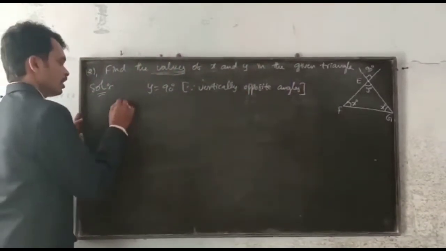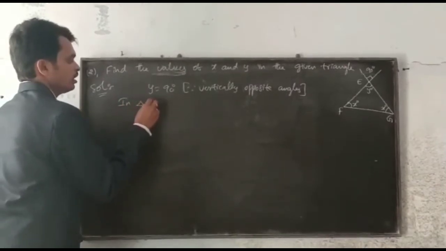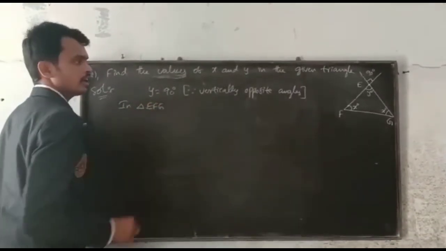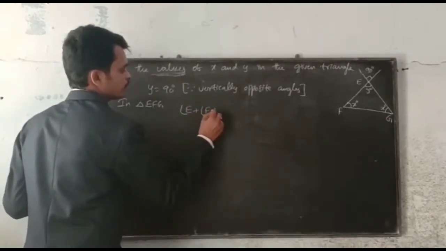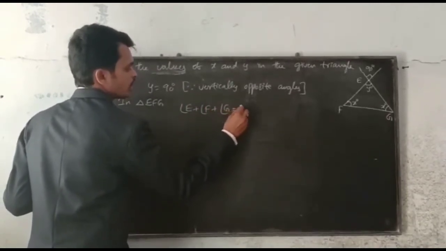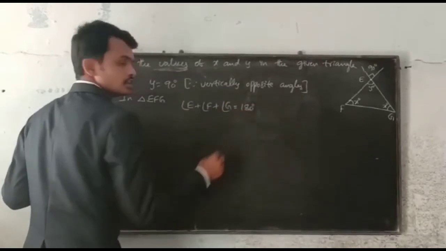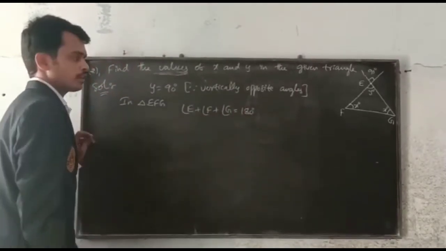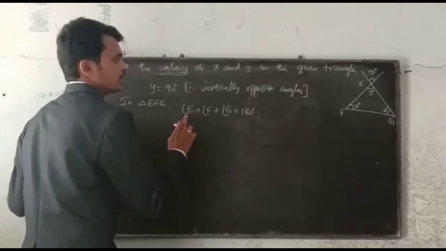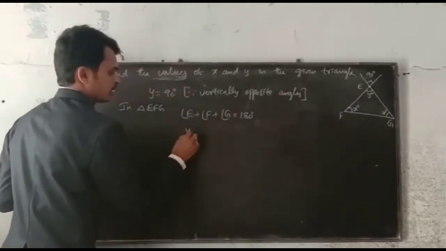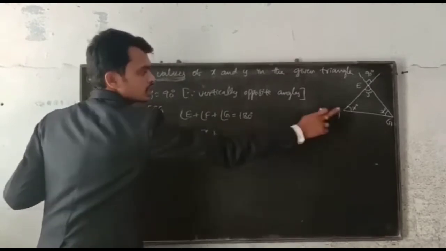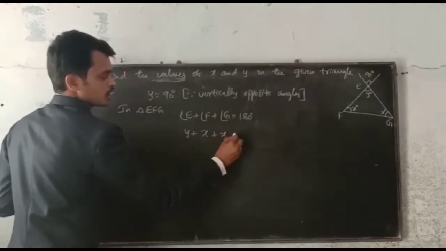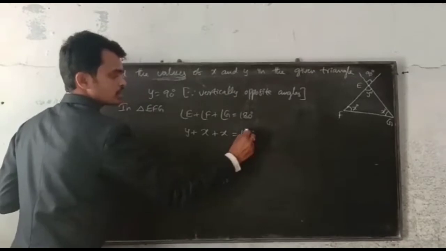So now in triangle EFG, angle E plus angle F plus angle G is equal to 180 degrees, nothing but the angle sum property of a triangle. So now angle E is nothing but y plus angle F is nothing but x plus angle G is nothing but x is equal to 180 degrees.